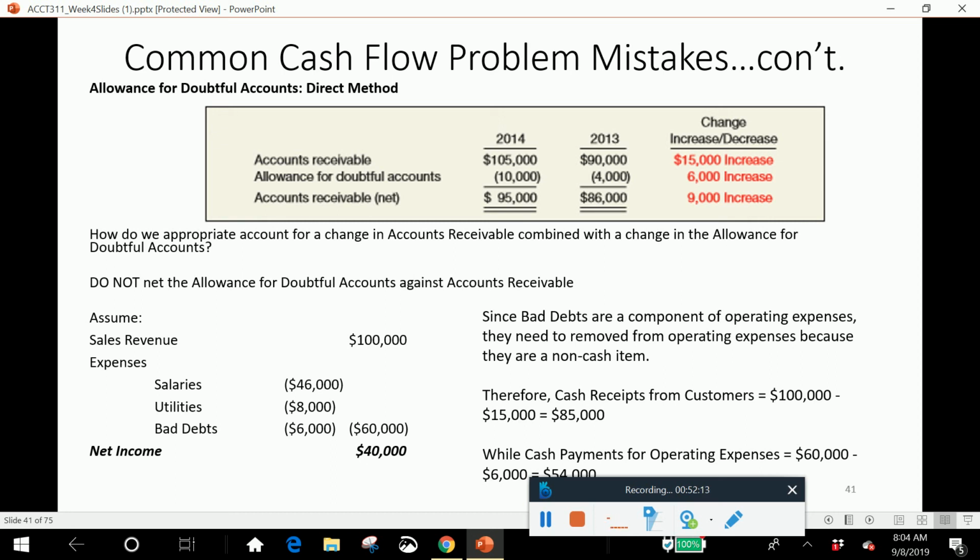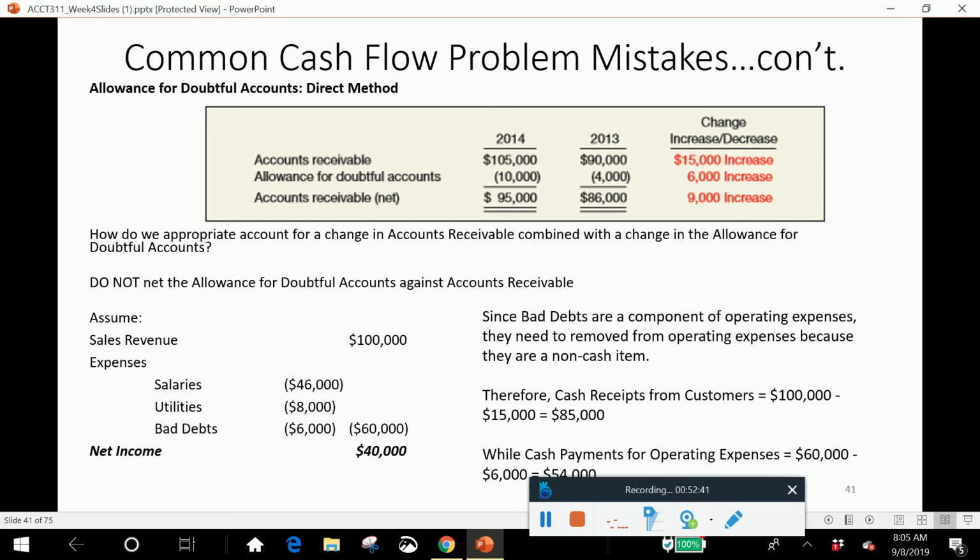For cash receipts from customers, we're going to take our sales revenue, $100,000, and the instructions said we're going to add a decrease in AR or subtract an increase in AR. We had an increase in AR, so we're going to subtract that. So our cash receipts from customers are $100,000 minus 15, or $85,000.